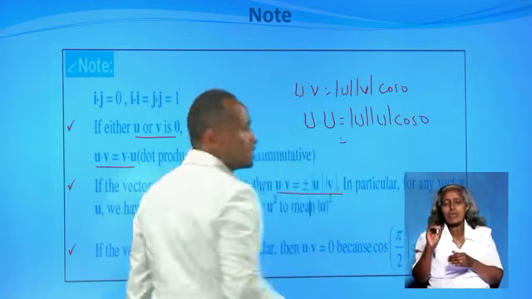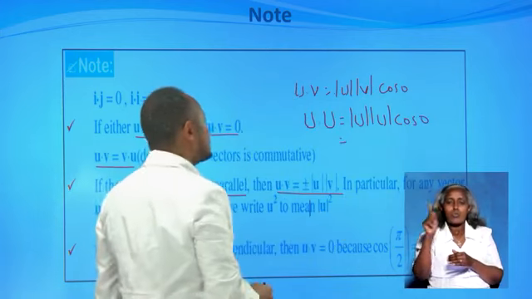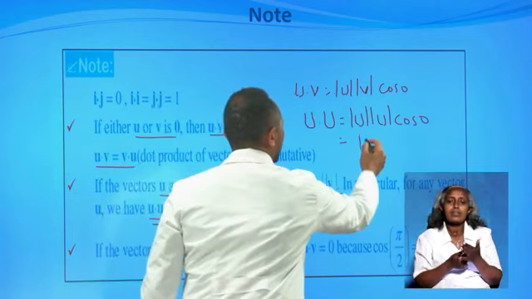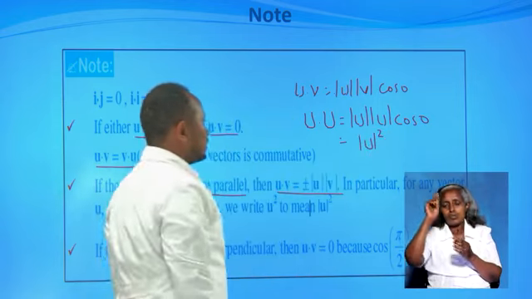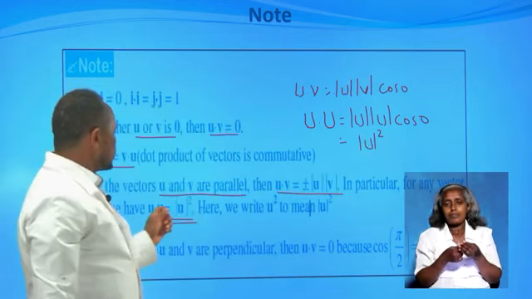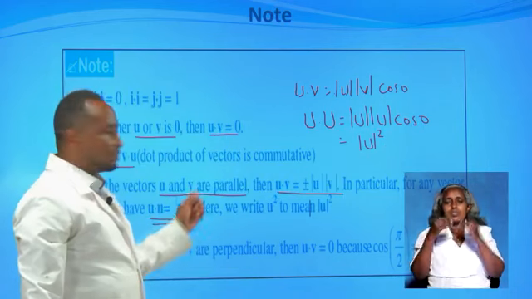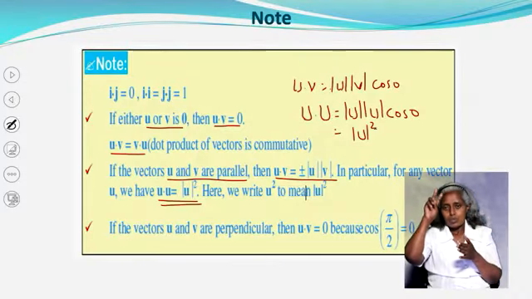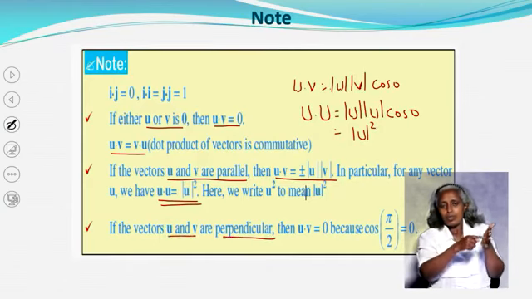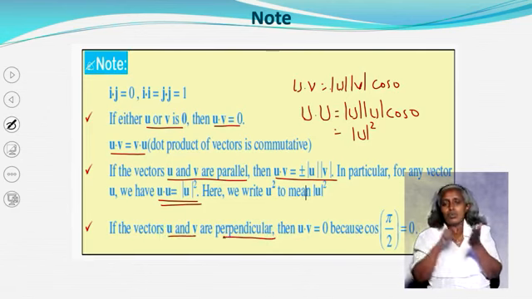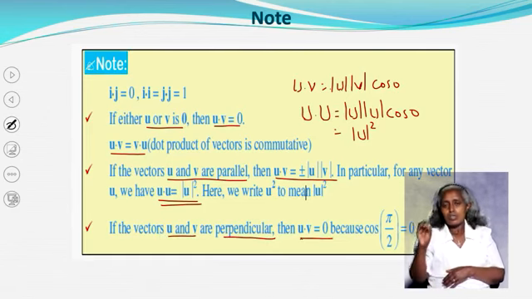Therefore, cos 0 is 1, and we have magnitude of u squared. So u dot u is given by magnitude of u squared. And if two vectors are perpendicular, then their dot product is 0. These are the basic points.